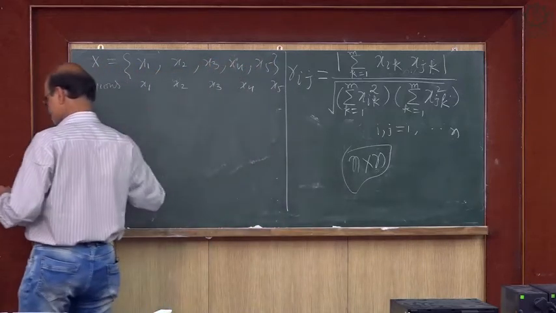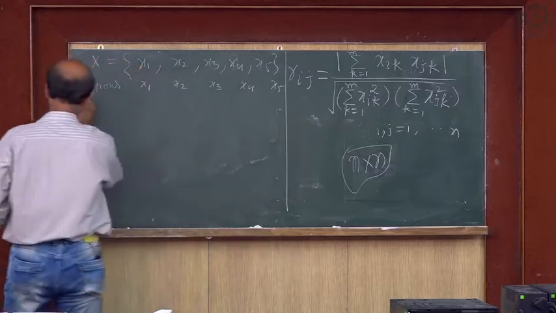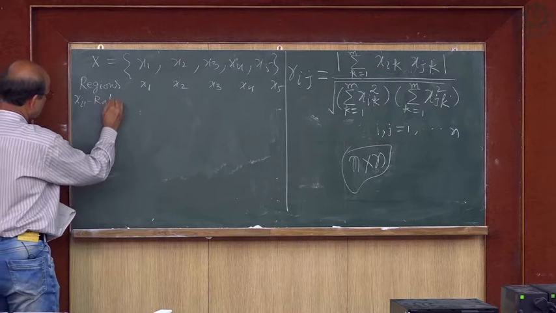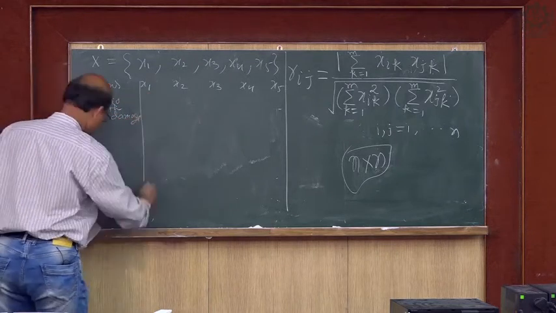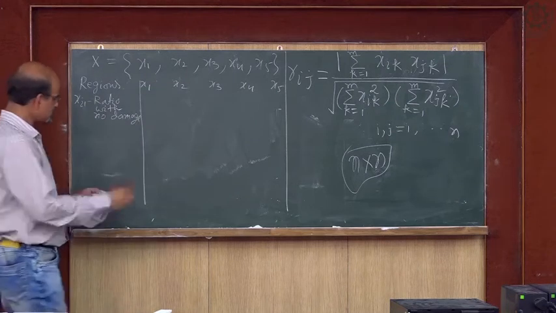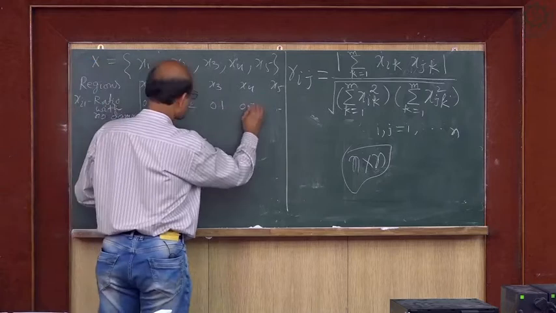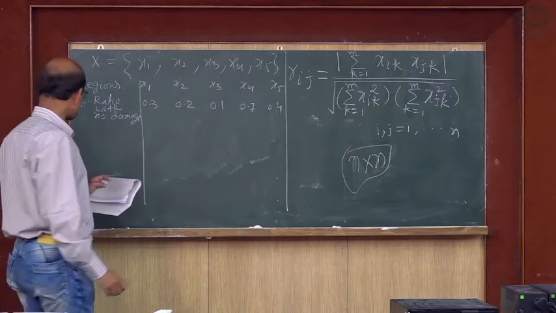Let us write it in terms of ratio, meaning the ratio with the number of buildings in that region. So, I will write xi1, ratio with no damage, suppose I have these values 0.3, 0.2, 0.1, 0.7 and 0.4.